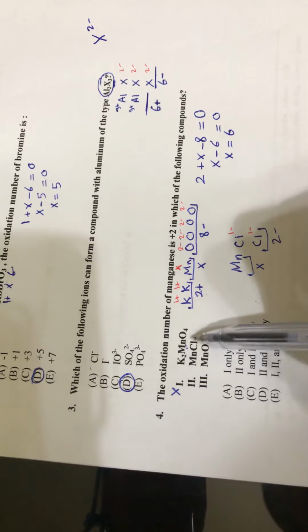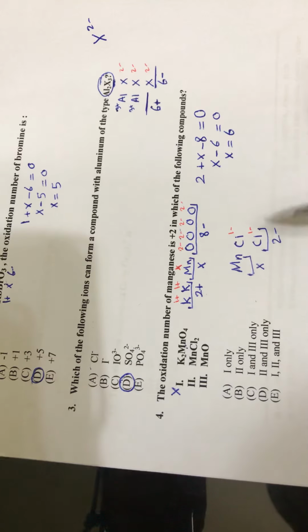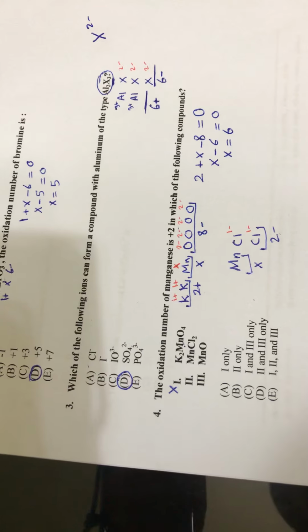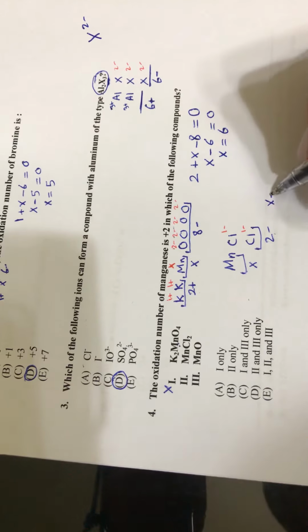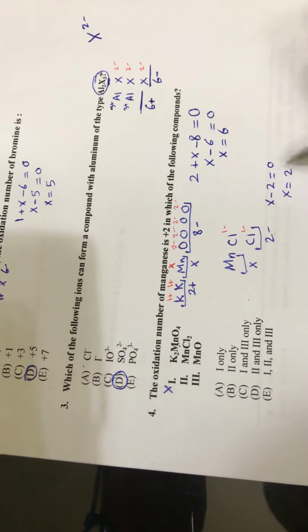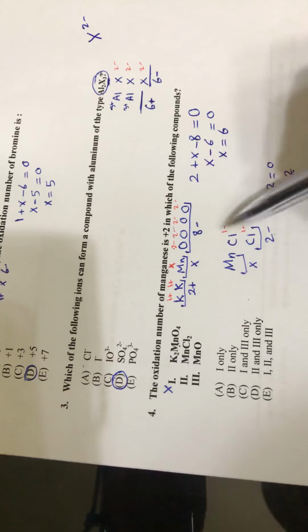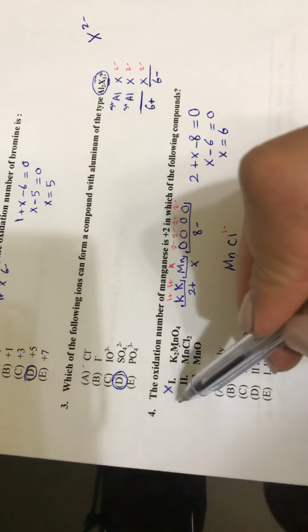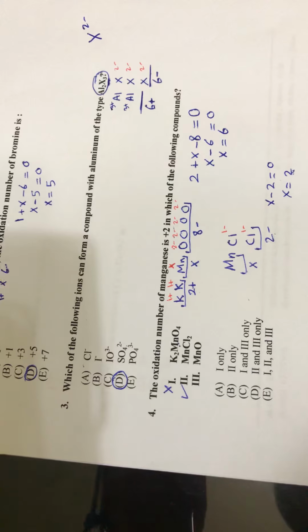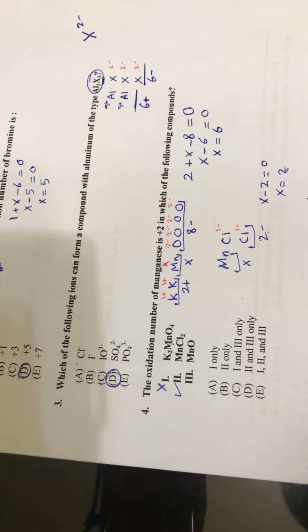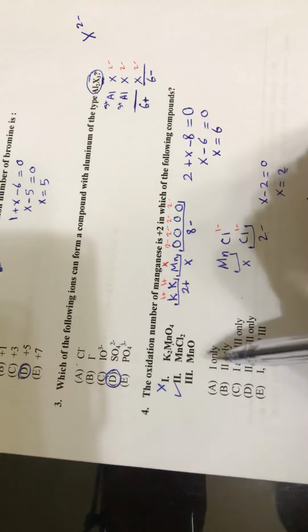It's a neutral compound, so when you add charges to each other, it must equal 0. So X minus 2 equals 0, X equals 2. So in this compound, the oxidation number of manganese equals 2. So it's a correct one.